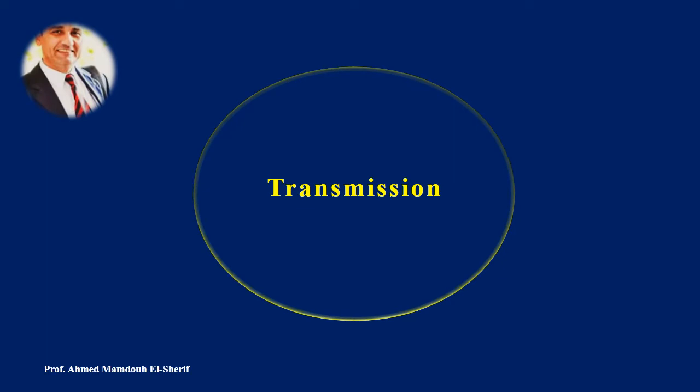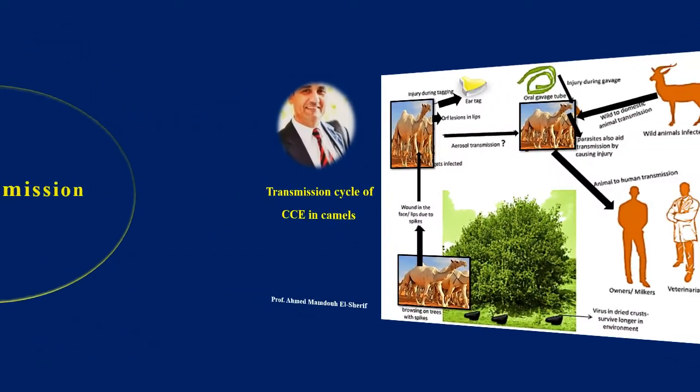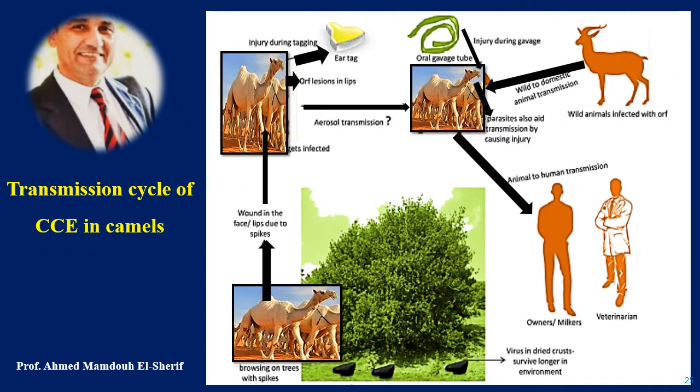Disease transmission. In the following figure, we will discuss the geographical distribution of camel pox disease all over the world. This diagram illustrates the transmission cycle of camel contagious ecthyma.